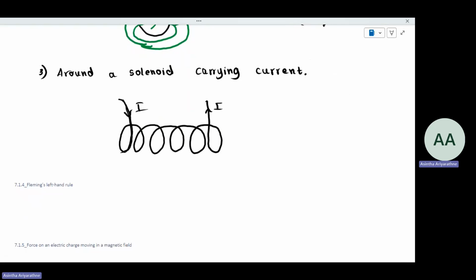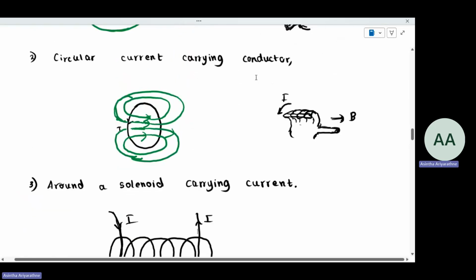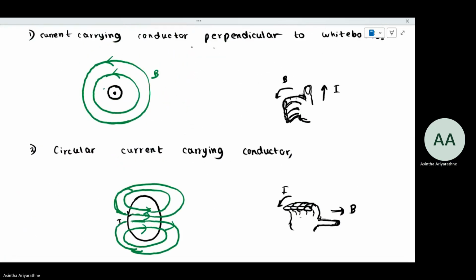So here also we have to point our forefinger in the direction of current, same as here, and we get the same direction.